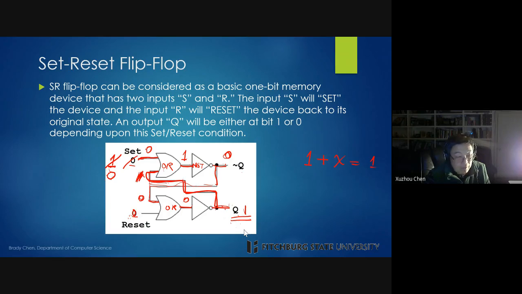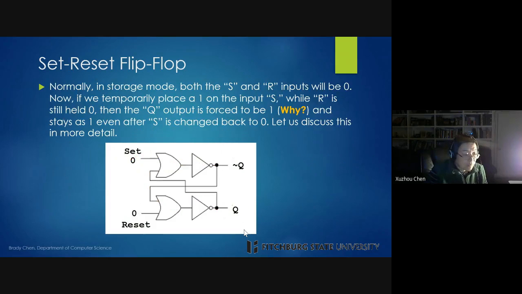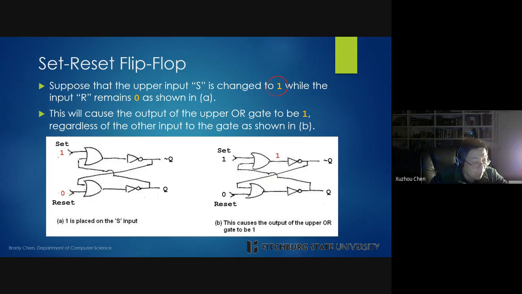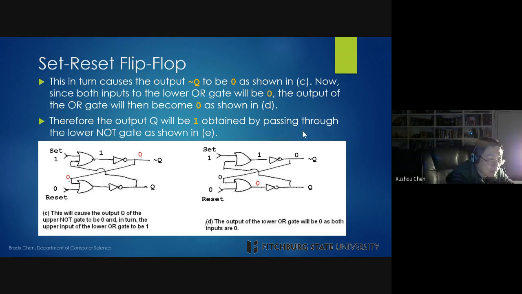Now, this is actually what happens. I have both set and reset at 0, and I change the set to 1. If I change this set to 1, then I get a 1 here. Next one, I get a 0 here, so that part is also 0.